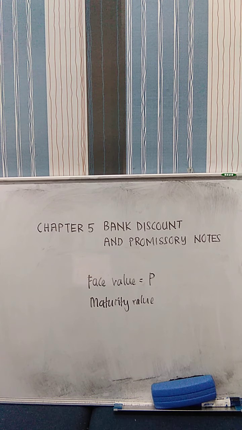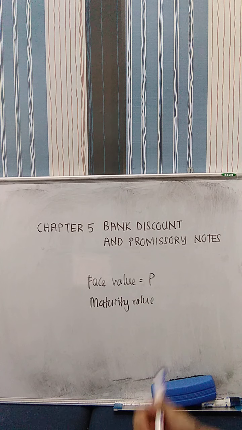It means how much you need to pay to the payee on the maturity date. For example, you borrow 3,000. So the maturity value must be more than 3,000, because you have the interest for the face value for the money you borrow.